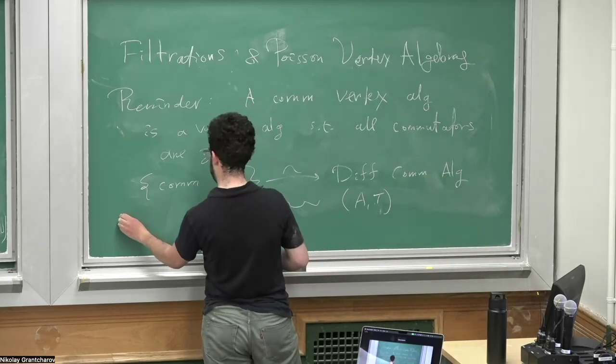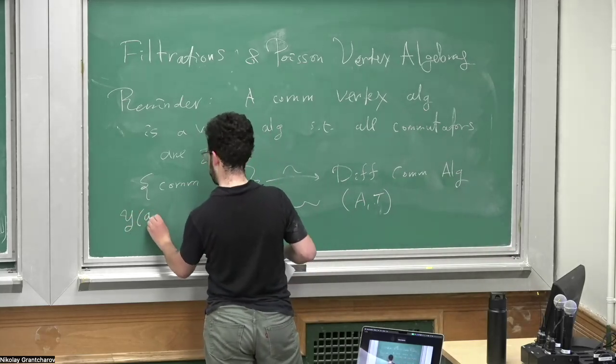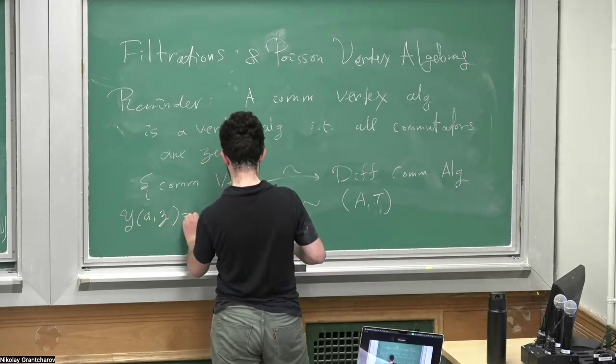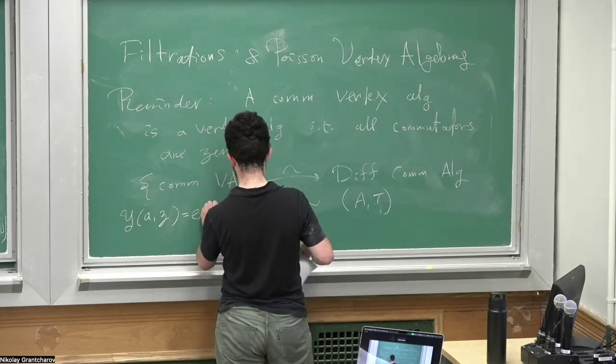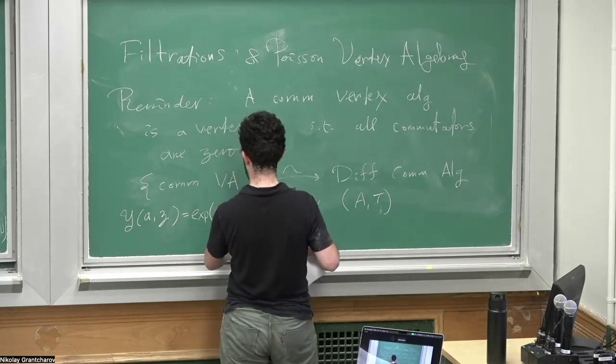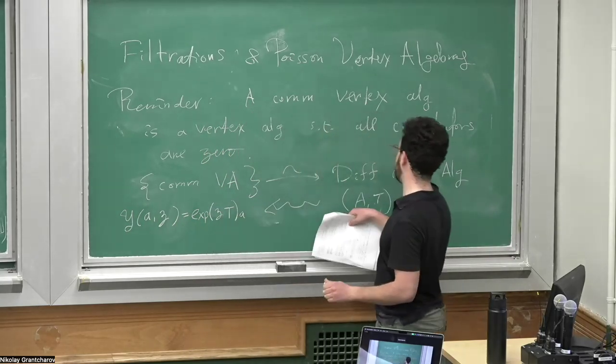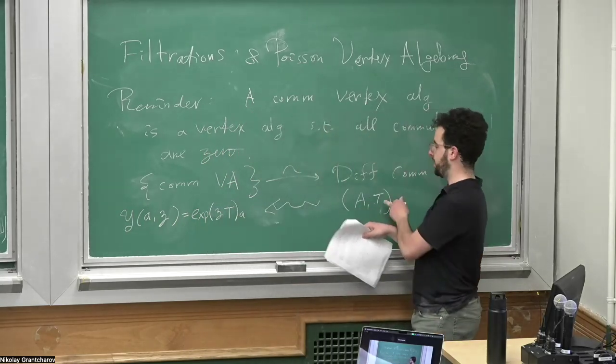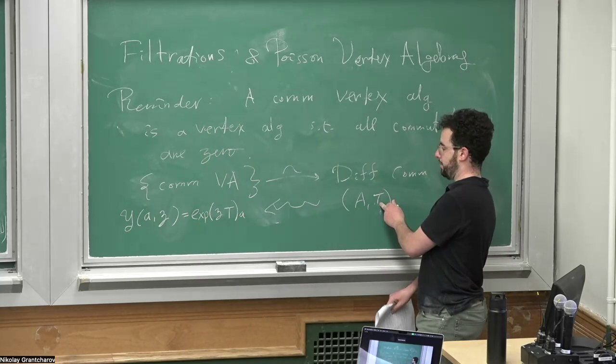So this is going to be e to the power of xT, acting by A. This is basically like we have a commutative product here, and we have this differential.